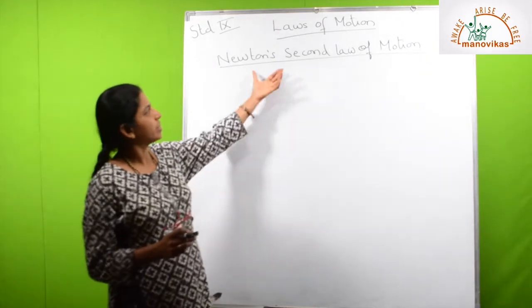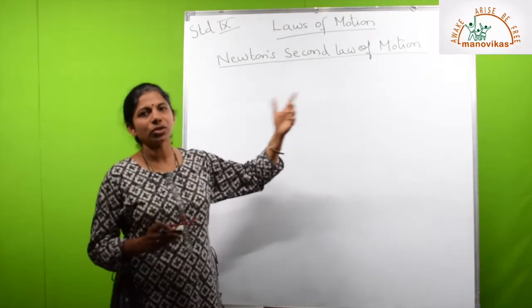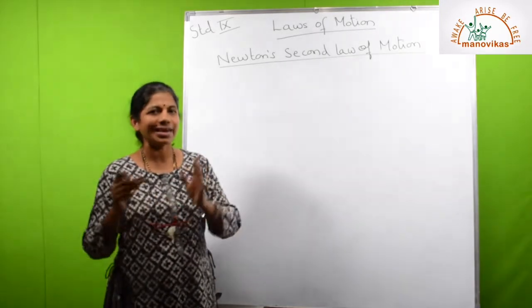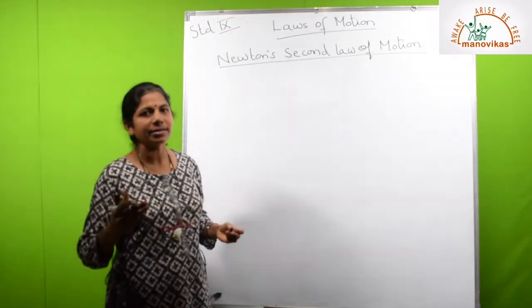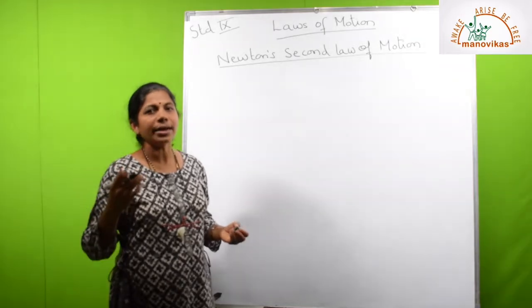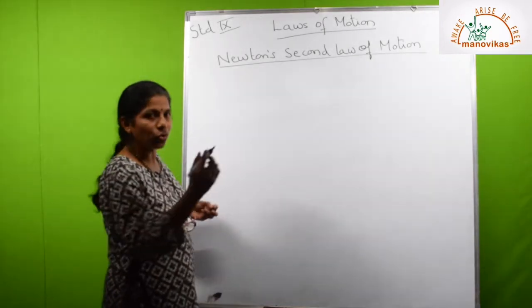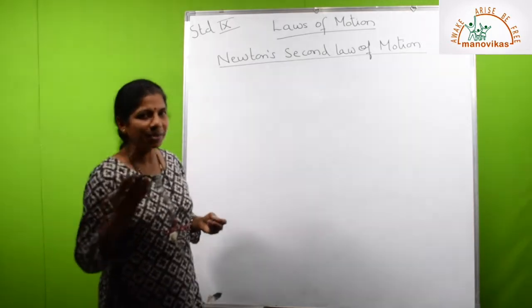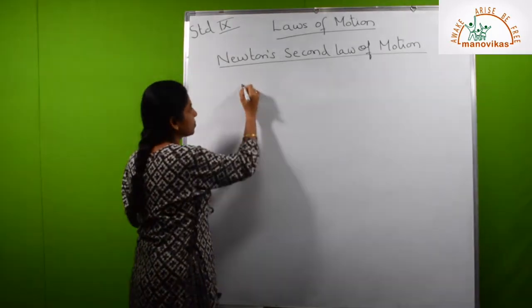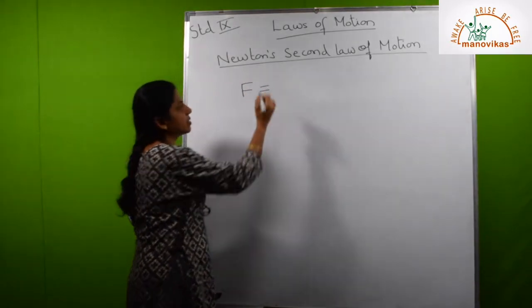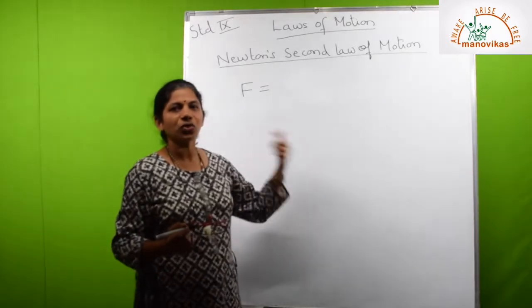So we'll see here in Newton's second law of motion how force is related to measurable quantities like acceleration and mass. Okay. Now, as you all know, in the previous video I have explained that force is a rate of change of momentum.